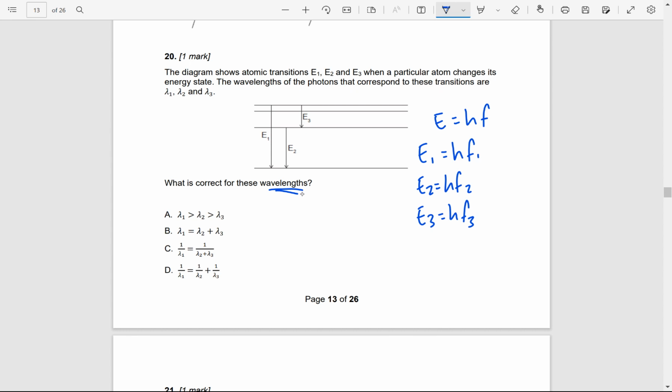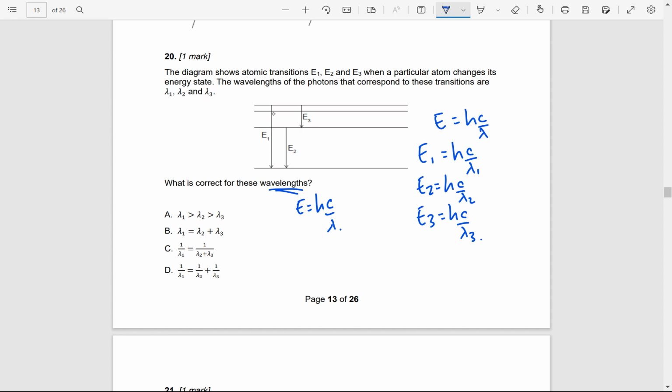However, we don't want frequency, we want wavelength. So E equals hc over lambda. Okay, so I'm just going to remove these. Sorry, let me get rid of them. c over lambda 1, c over lambda 2, c over lambda 3. Okay, and we want to compare only the lambdas here.